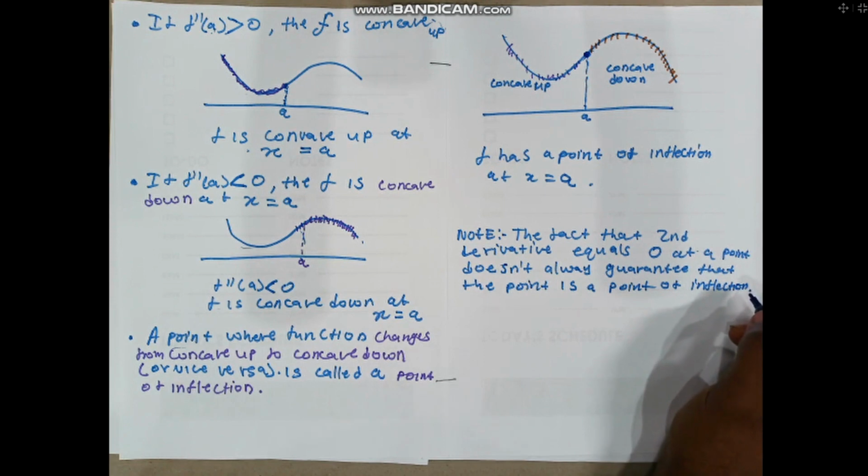To verify a point of inflection of a function, we have to check whether the function is concave up or concave down. So to verify the point of inflection of a function, we have to check that the function is concave up before the point and concave down after the point.